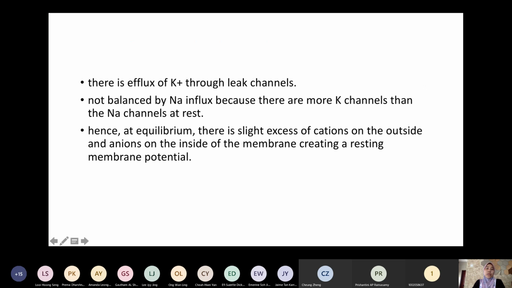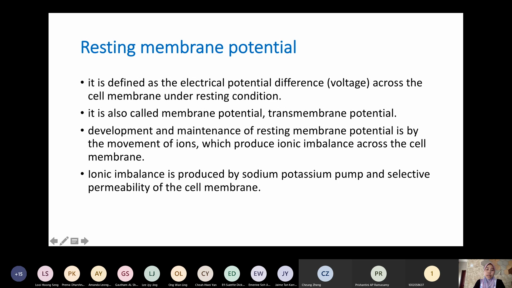Alright, so let's move on to this. The ionic imbalance between inside and outside of the membrane depends on the sodium and potassium pump.